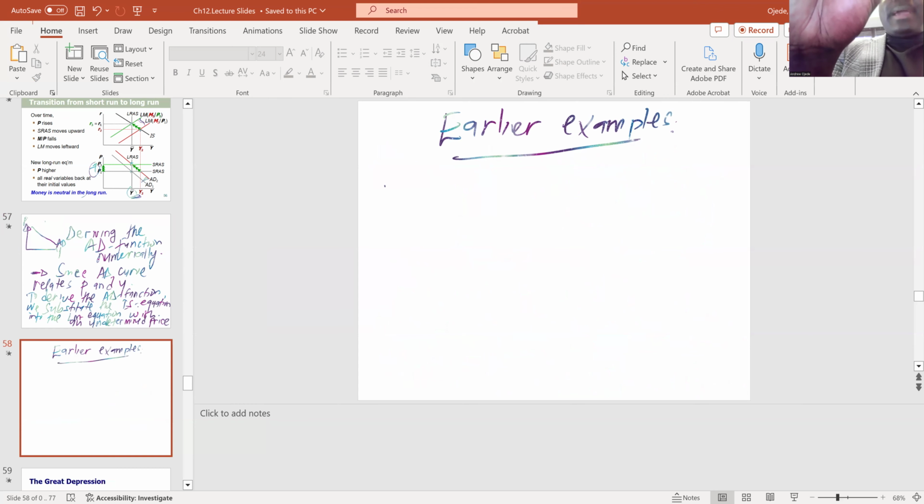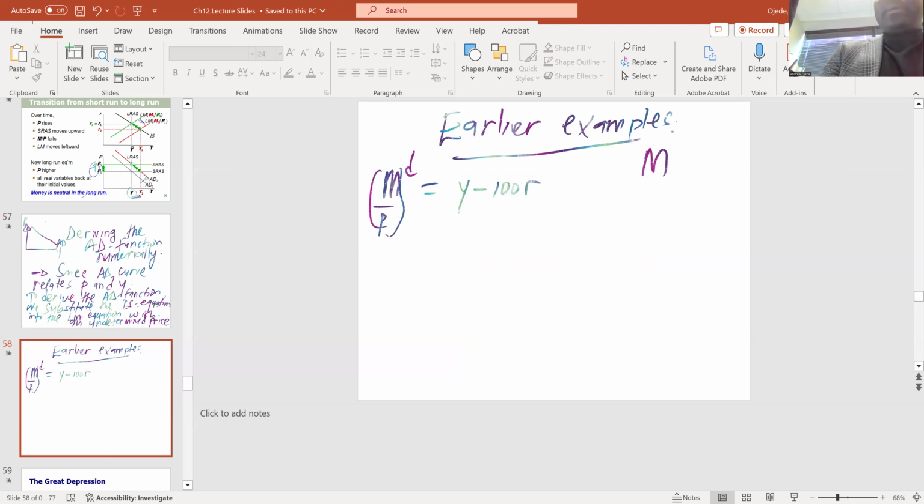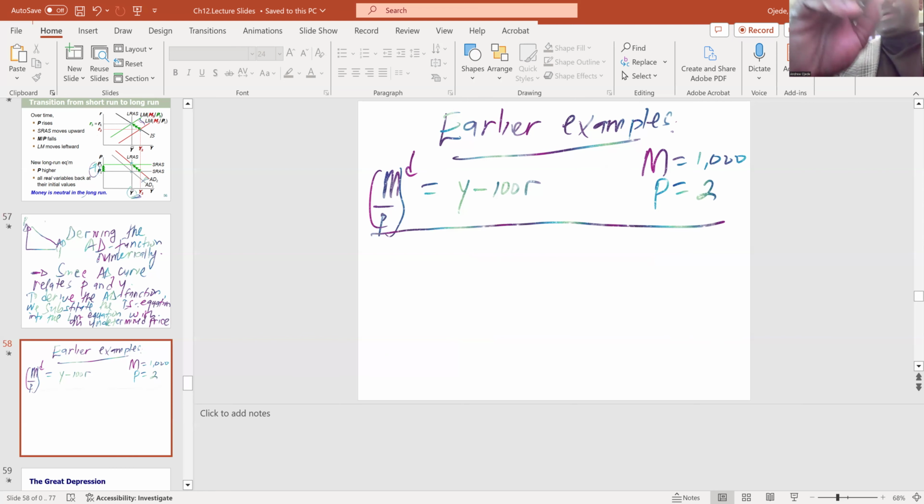We said the money demand function was given as MD over P equals Y minus 100R. And then we said that the money supply was 1,000, remember? And the price was 2. Then we also derived the IS equation, remember?